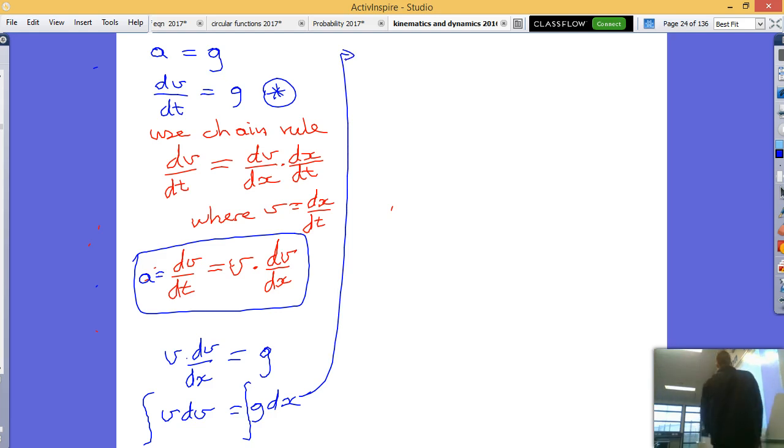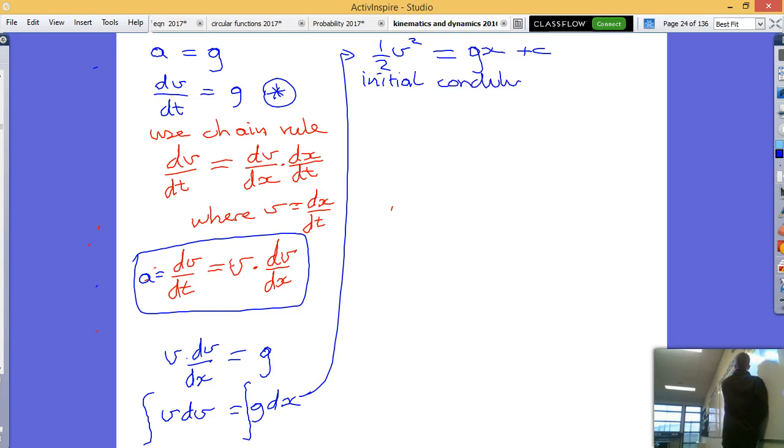Yes? What's the integral of v with respect to v? Half v squared. Okay? And now let's integrate a constant number with respect to x. And you get gx plus c. Okay? Now let's look at an initial condition. So initially, at the start of motion, t equals 0.